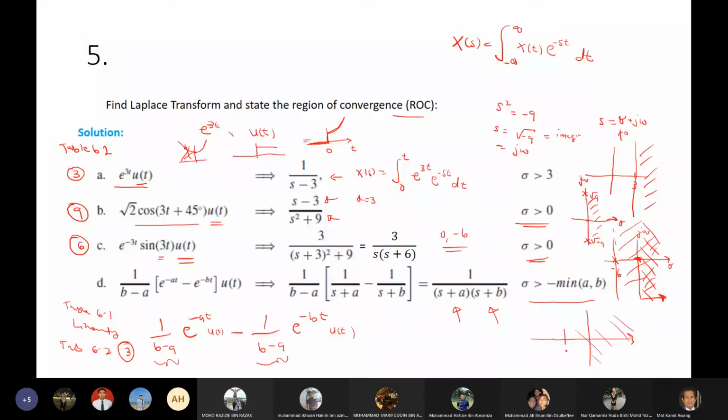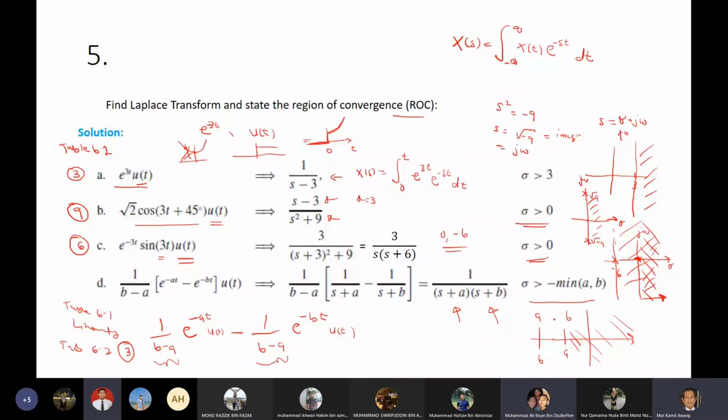For example, if A is here and B is here, you take this side. If A is here and B is here, you take this side, B. Whatever is on the right, the most right. Okay? This is what it means. Okay, clear?